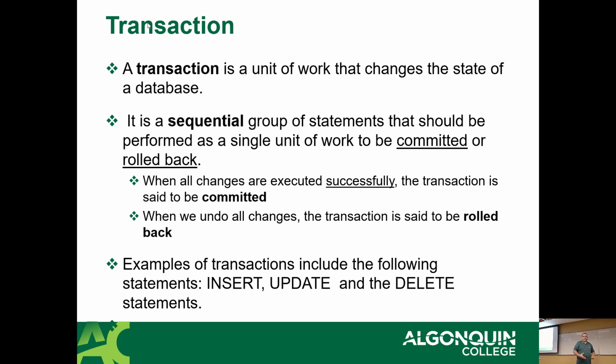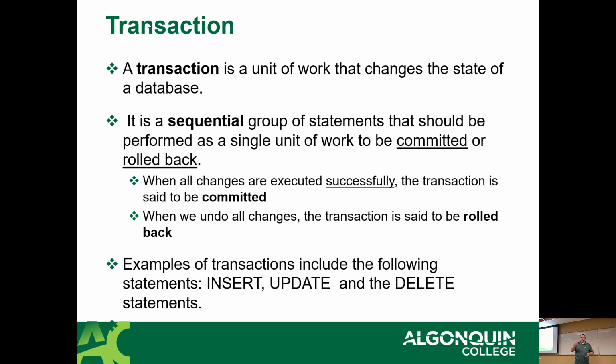Database servers have the ability to enforce those steps so they're treated as a single unit of work. And at the end, if it succeeds, it's called being committed. In other words, it's being written to the disk, or it's being rolled back, which is the closest thing to an undo you will ever have in a database.